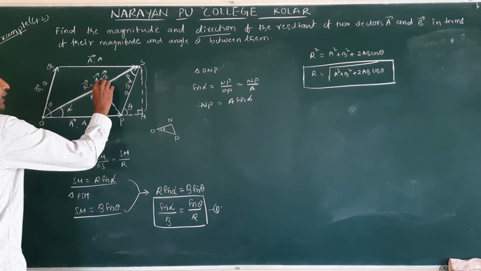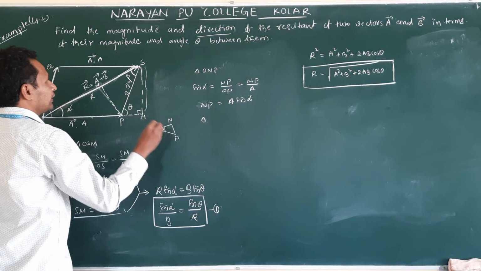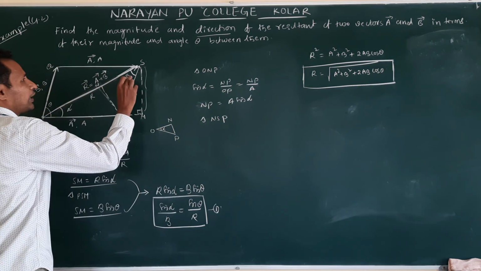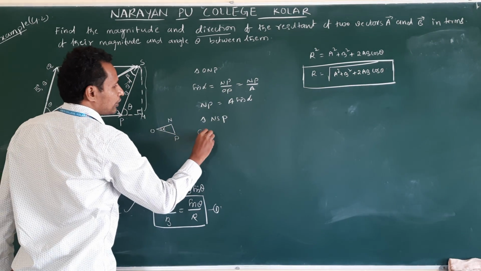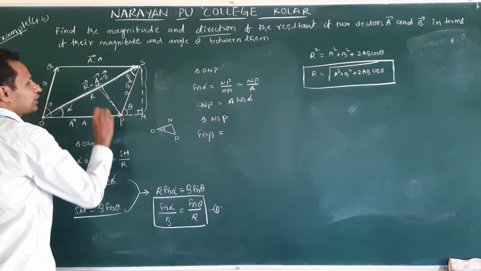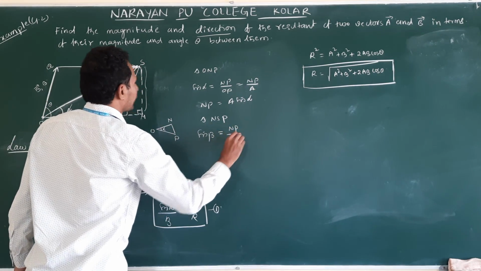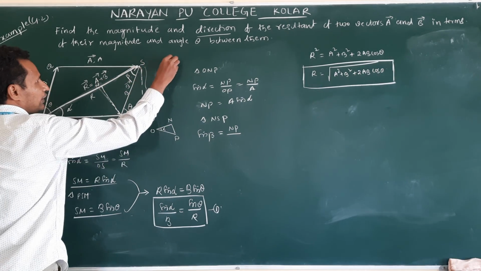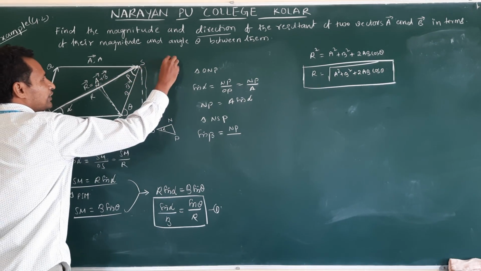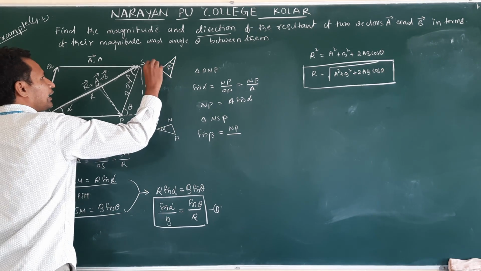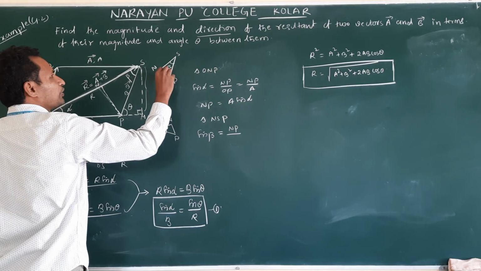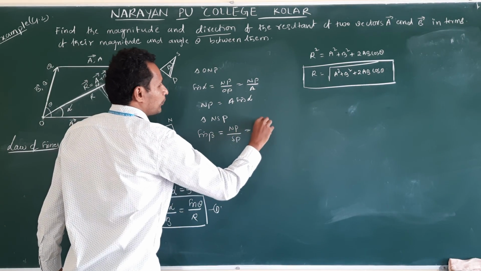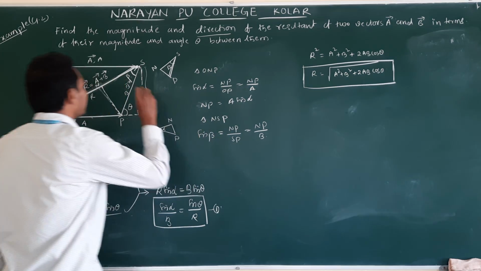Similarly, take another triangle, NSP. In NSP, the angle is beta. So sin beta is equal to the opposite side NP by the hypotenuse SP.